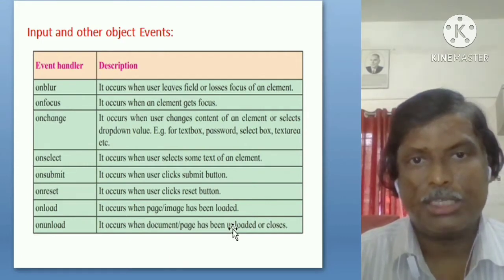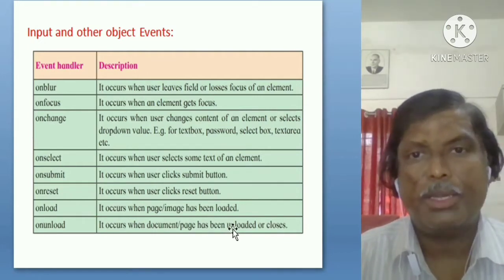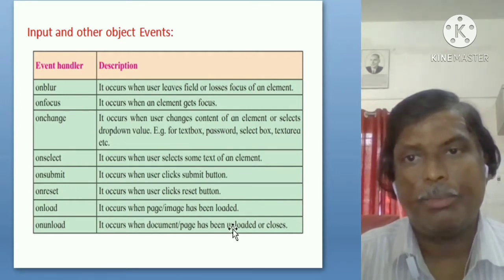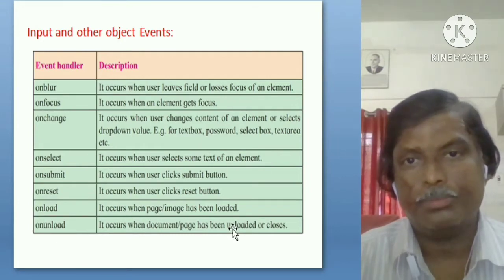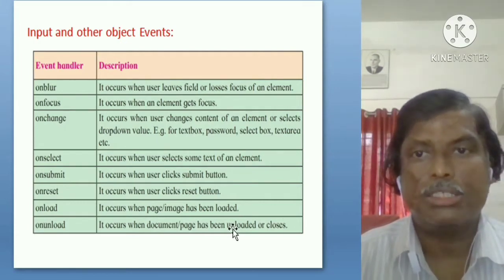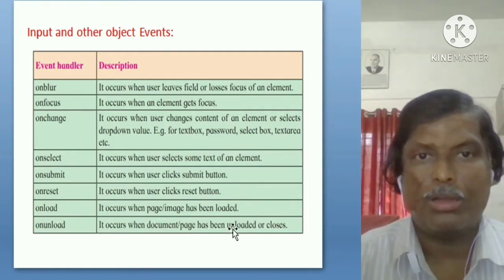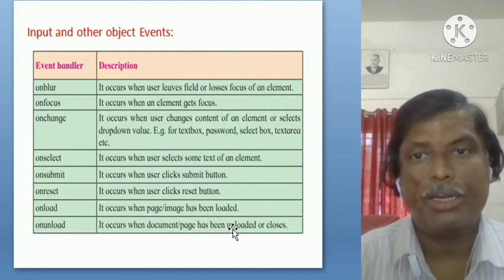Then see the third, onChange. It occurs when user changes content of an element or selects a drop down value. For example, for text box, password, select box, text area, etc. onChange occurs when user changes content of an element or selects a drop down value.